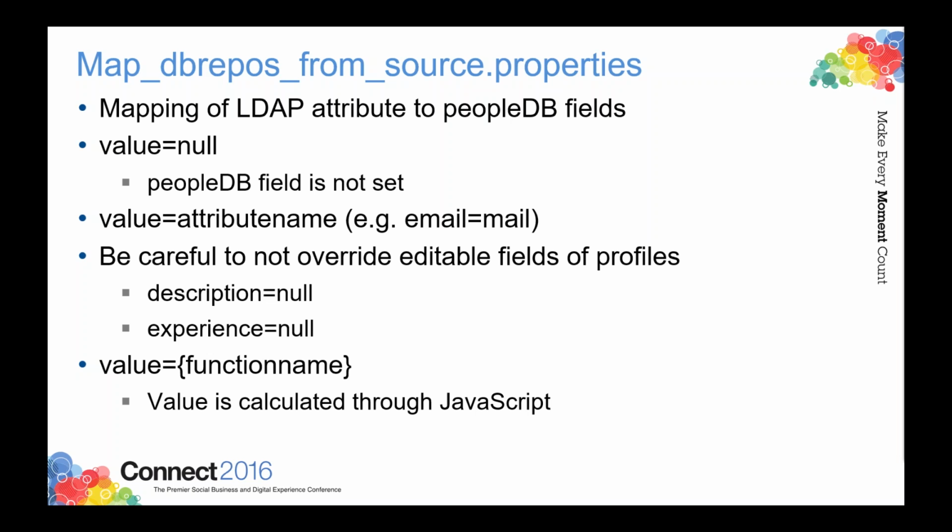So it's not funny to write maybe 100 lines within description and then TDI starts and throws it away and writes down something from the LDAP. So when you want to use description within MapDB repos from source, please remove the editable flag from the profile field, so your users can't change it and won't get angry when you run TDI. Just for best practice.